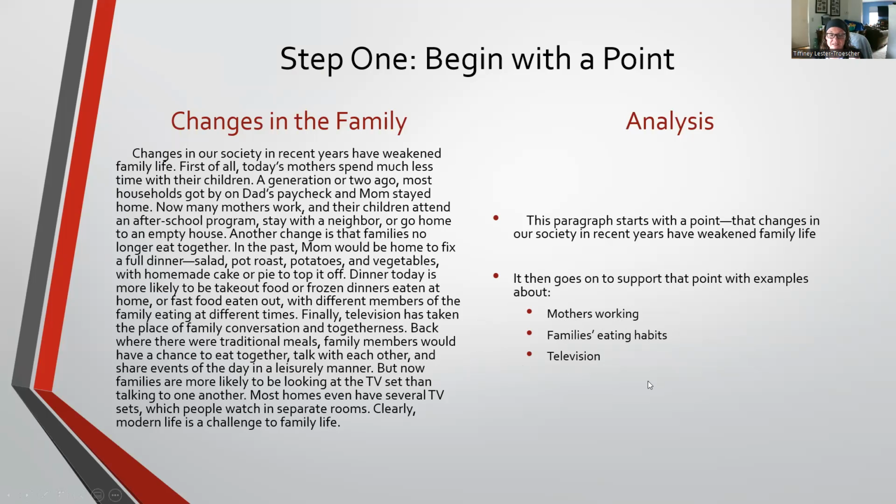In the section on families' eating habits, all of the sentences in that section relate directly to the changes in eating habits, and that point directly supports the topic sentence. Everything in the section about television, everything in that section directly relates to how TV has changed family life, and that all supports the topic sentence as well.